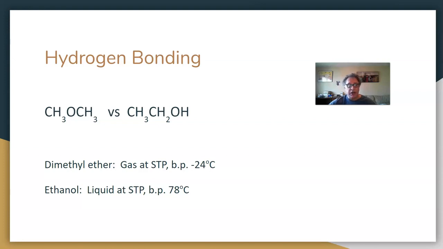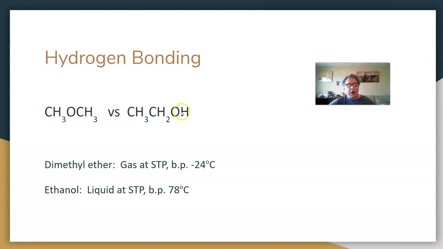It revolutionized our understanding of molecular interactions, drug mechanism, DNA, protein folding, enzyme activity, enzyme selectivity, you name it. Extremely important topic. But let's take a look at a very simple example.